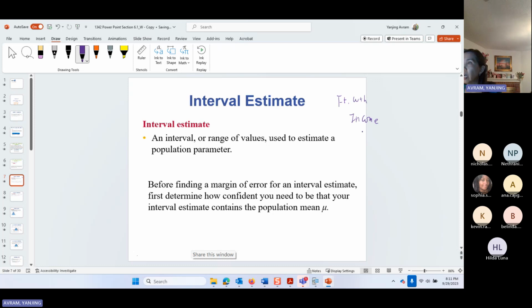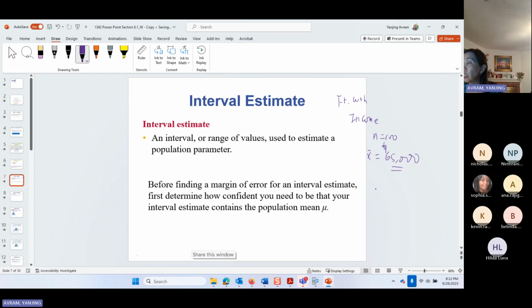I said earlier I choose n equal to 100, and my sample mean is 65,000. So if I choose 100 households to do the survey, and the average household income in the entire Forward city for this 100 sample is 65,000, how confident am I about this data?